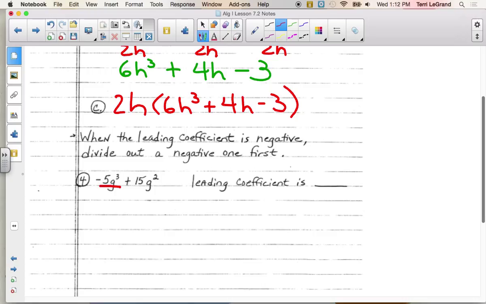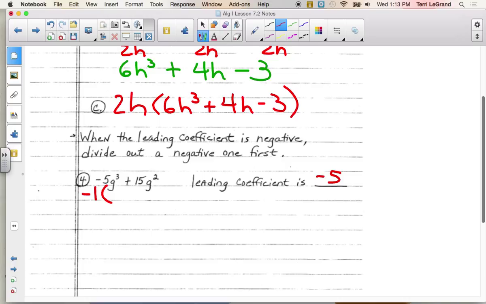So what is our leading coefficient? Negative 5. When the leading coefficient is a negative number, you will have better success if you just take out a -1. In other words, you put a -1 out front. It's kind of like you're dividing each thing by -1, or in other words, you're changing both of these to their opposites.